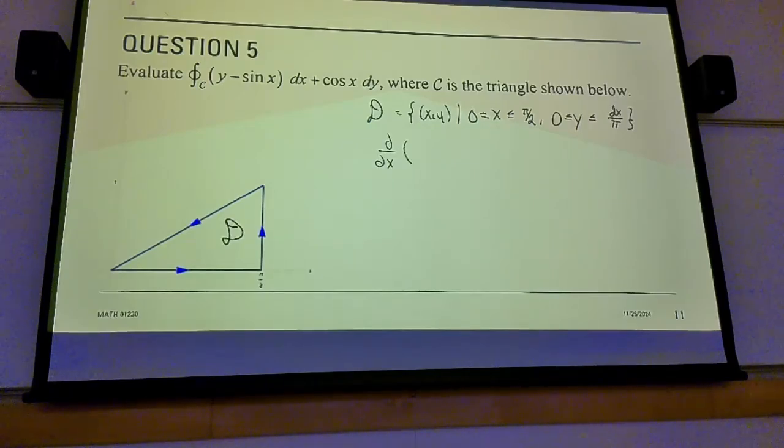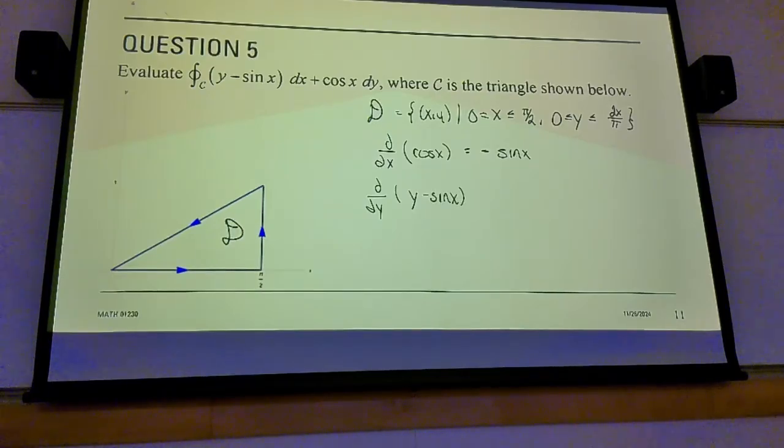What are we taking partial x of? Q. What's Q? Q is cosine x. What is it? That is negative sine of x. And what do we have to take partial y of? P, which is y minus sine of x.